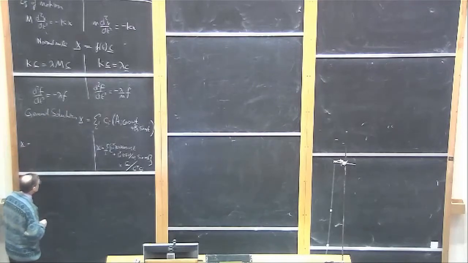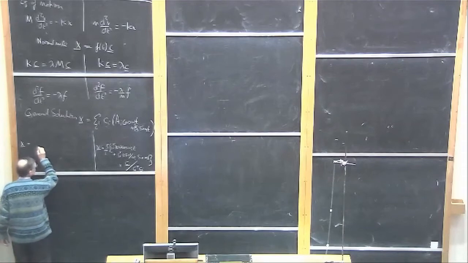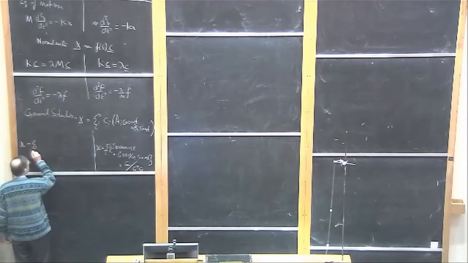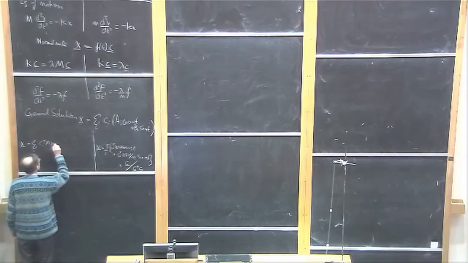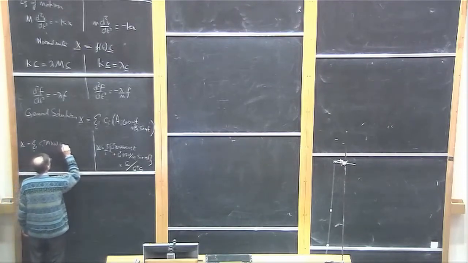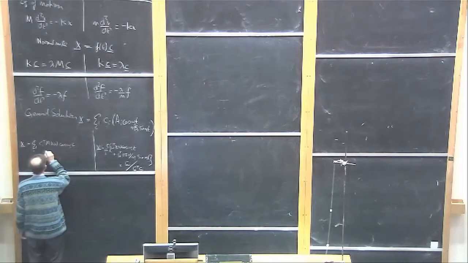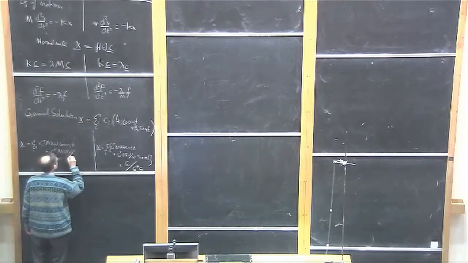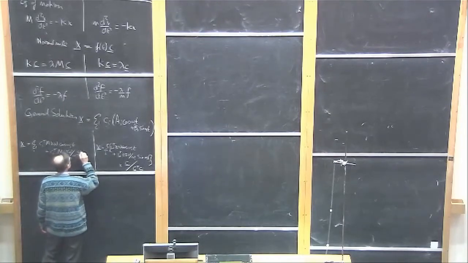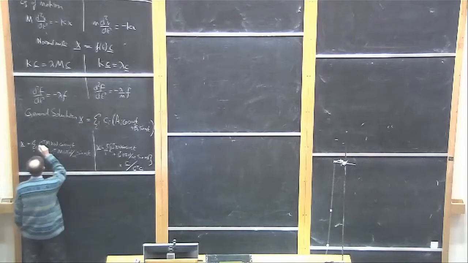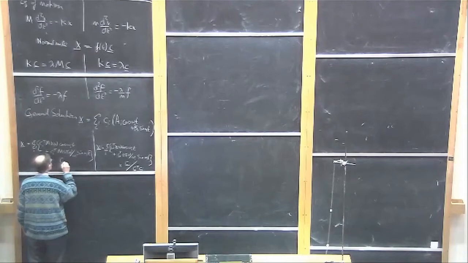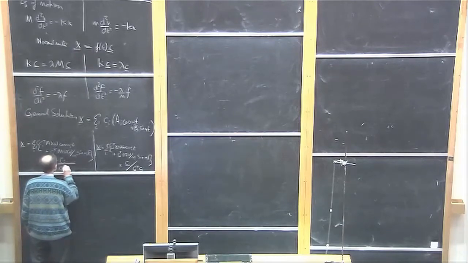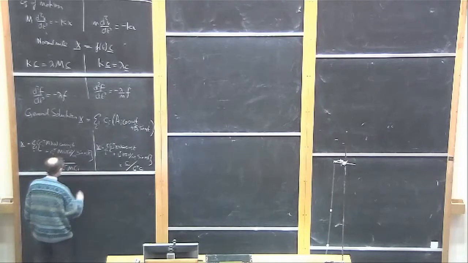All the dot products have the mass matrix in between them, so it's very similar, but we have Ci transpose m x of naught cos omega i t plus Ci transpose m v of naught over omega i sine omega i t, all of that times Ci divided by Ci transpose m Ci.